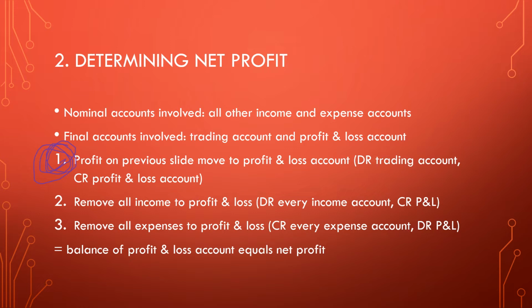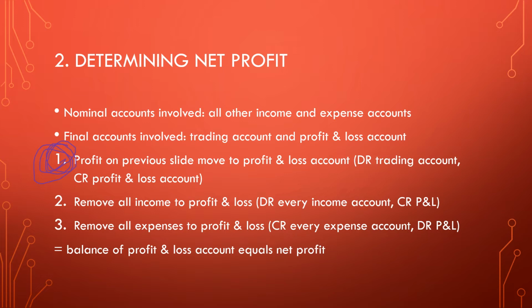So in this step, we have nominal accounts involved, all your other income and expenses. Final accounts involved are your trading account from the previous slide, and your profit and loss account to carry this calculation forward. As I just said, the profit that you calculated on the previous slide, you now move to the profit and loss account. You close off all your other income, number two.